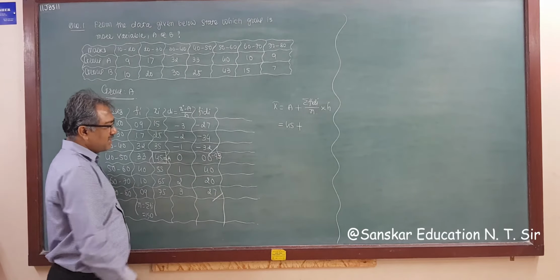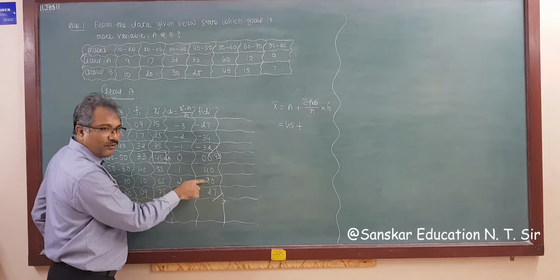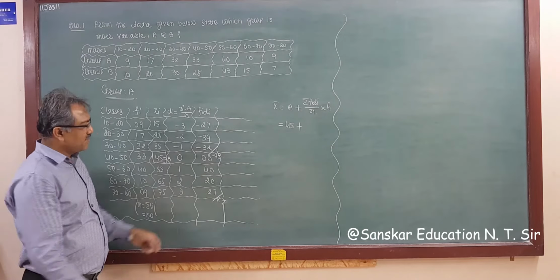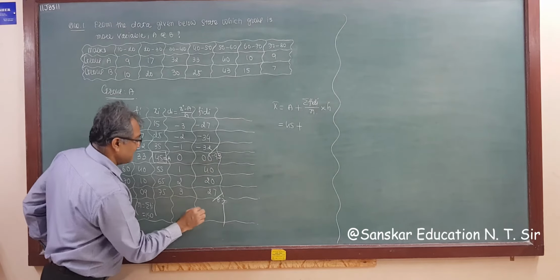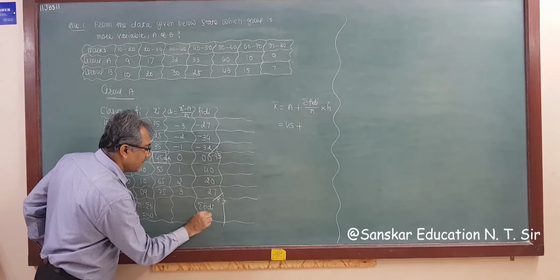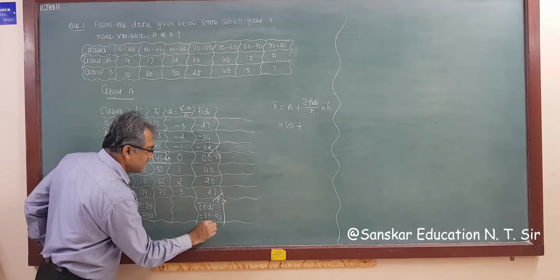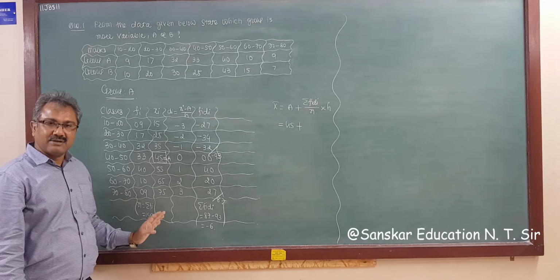And the sum of the positive numbers: this is 7, this is 7, and this is 2 to 4, 4, 8. So this is 87. So the sum of this observation, sigma Fi Di, is equal to 87 minus 93. That is, the answer is minus 6.